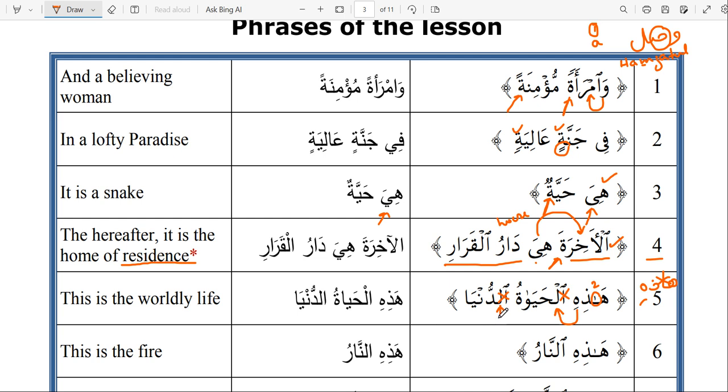How do you recognize lam shamsiya and lam qamariya? These are the rules that I have discussed in my step-by-step book with the letter ha. It is all about the lam taareef, lam shamsiya and qamariya, so you can go and watch that video, and I'm not going to touch those details here right now.